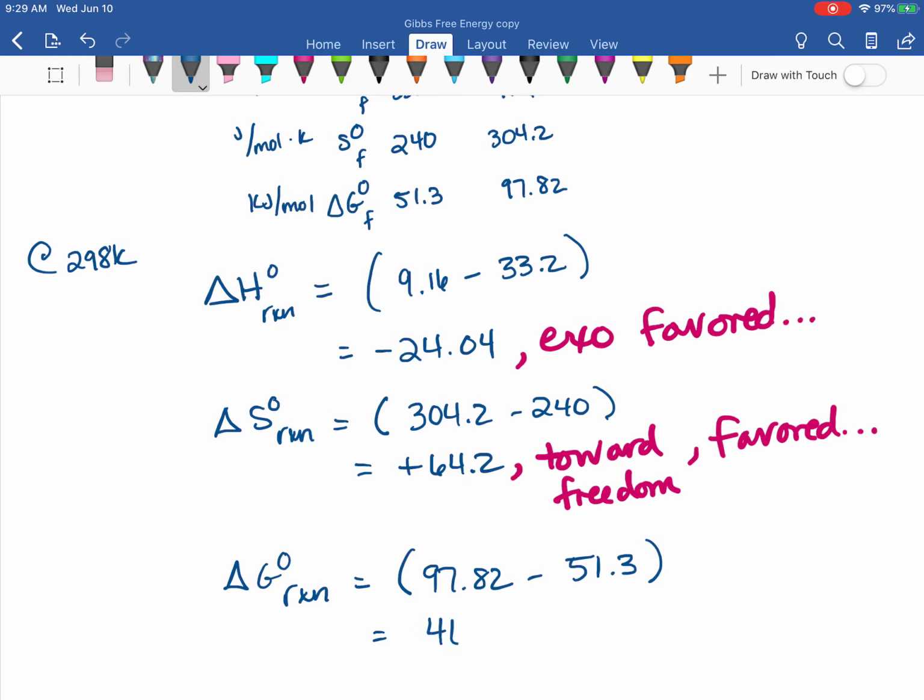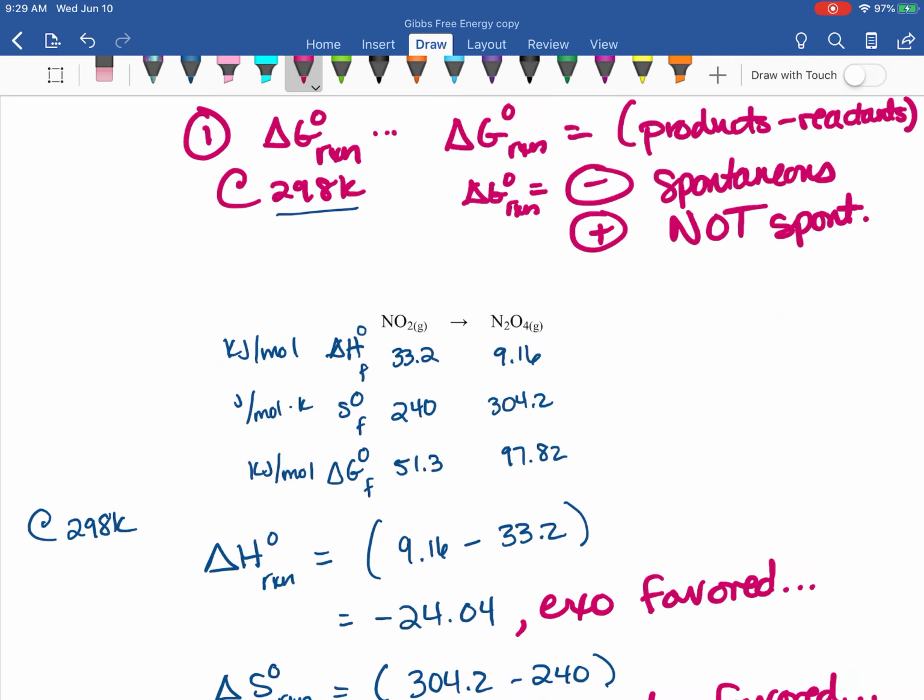And what do we have there? 46.52. Okay, now hold on a second. Isn't that positive? That's a positive. So wait a second. That would mean this is not spontaneous. But that doesn't jive with what we've already learned, does it?